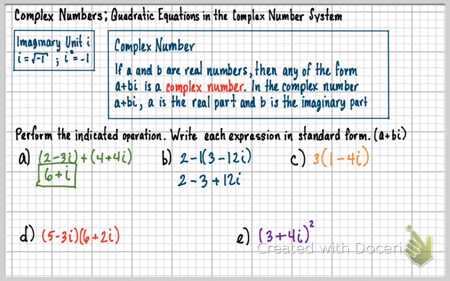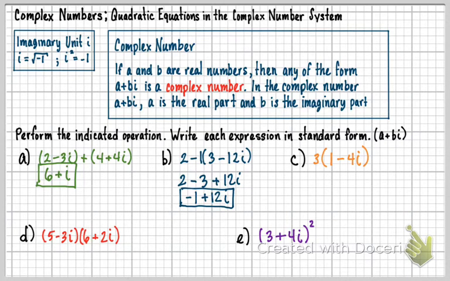That's the idea. So then I get 2 minus 3 plus 12i, and I can put these together because they're like terms. So this is going to be minus 1 plus 12i. So there's our answer for this one.